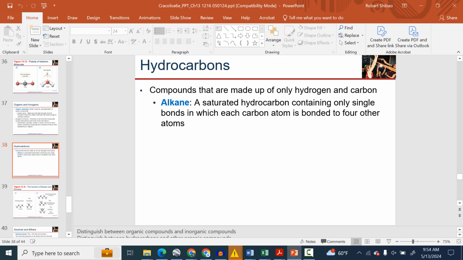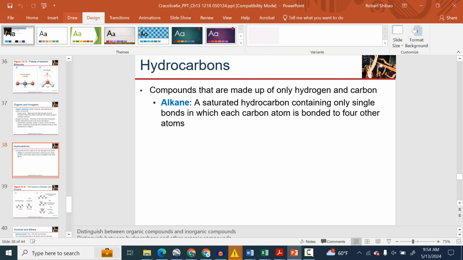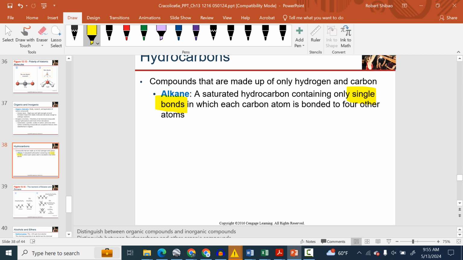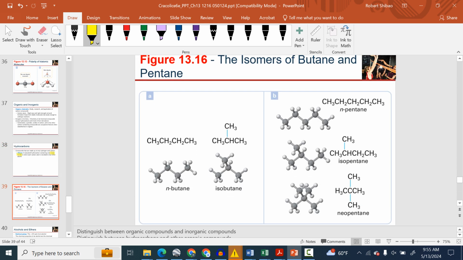So we have different kinds of hydrocarbons. We have the alkanes. The alkanes are only single bonds, and this is how you differentiate them. And we have something called the alkenes and the alkynes.